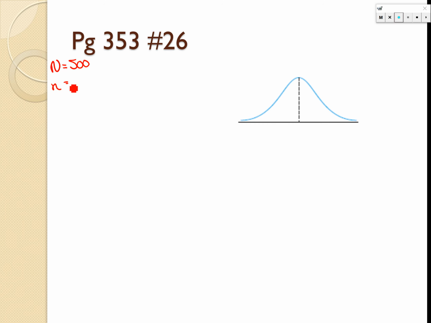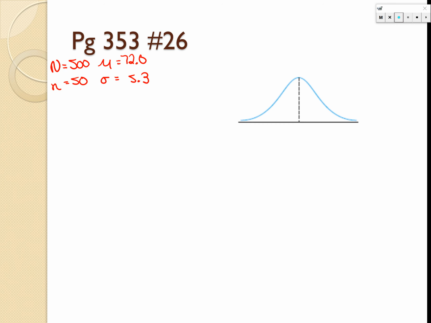The sample that we're going to take of those 500 people is 50. The mean life expectancy was 72. You can put the 0.0 if you like; your book has 72.0. Standard deviation was 5.3.